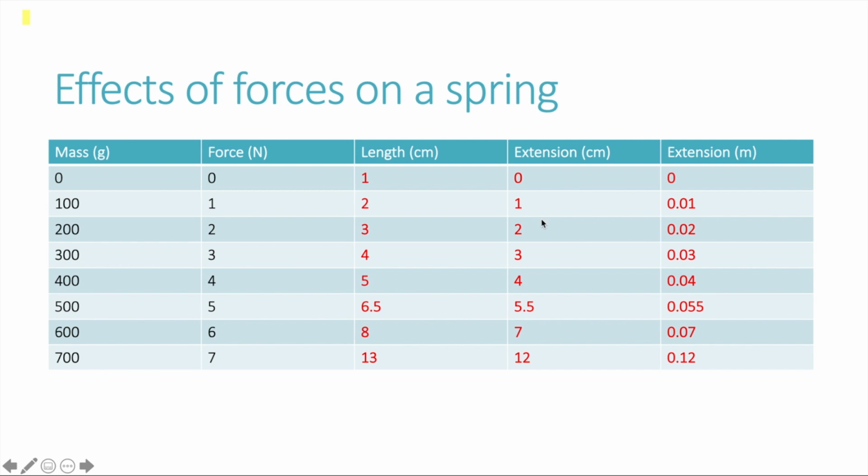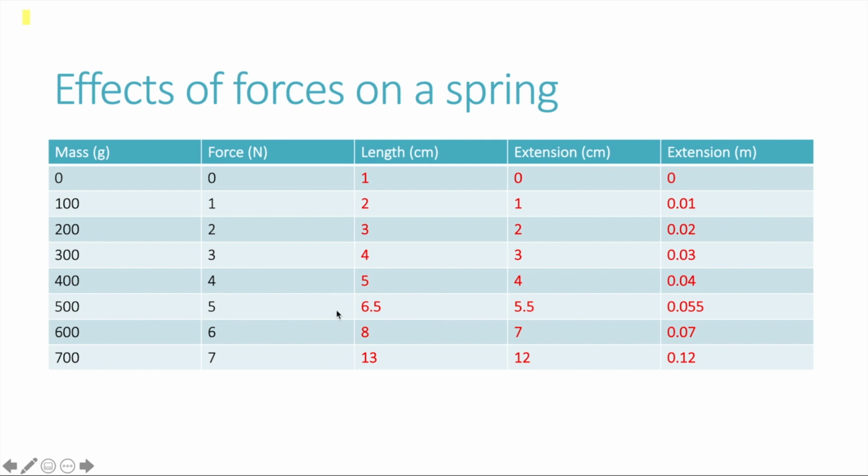I hope that makes sense. So basically, for every 100 grams that we add, there's a constant increase of 1 centimeter extension on the spring. So that's proportionality. But things don't seem so proportional after that 400 grams, right? Because again, you would expect from the previous four plots of data that from 400 to 500, when you add 500 grams of mass, you'd get 5 centimeters of extension, but here you actually get 5.5.